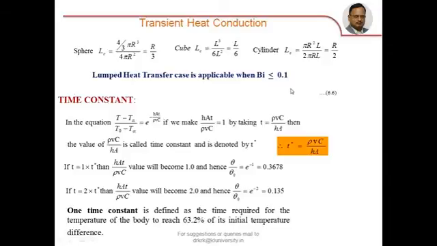The non-dimensional number involved with internal resistance is the Biot number. When internal resistance is negligibly small, the Biot number should be small.